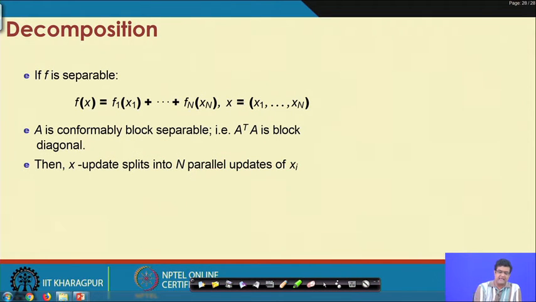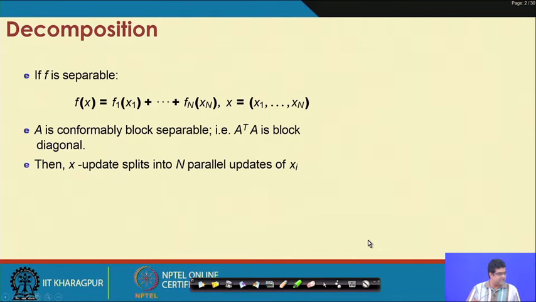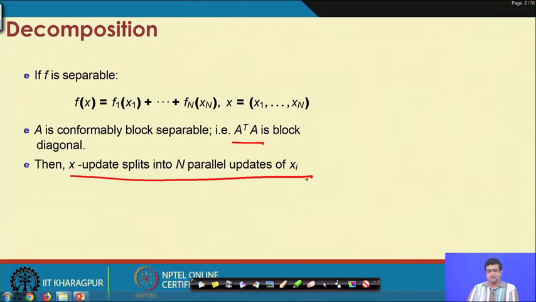If f of x, the original function, is separable, and A is conformably block separable, that is, if A transpose A is block diagonal, then the X update splits into n parallel updates for Xi.